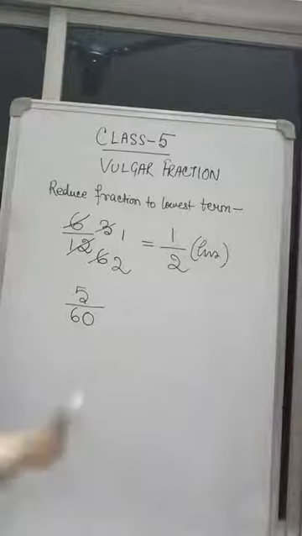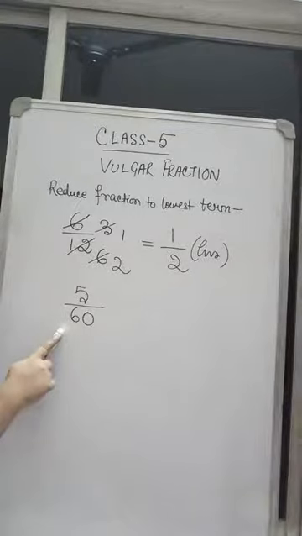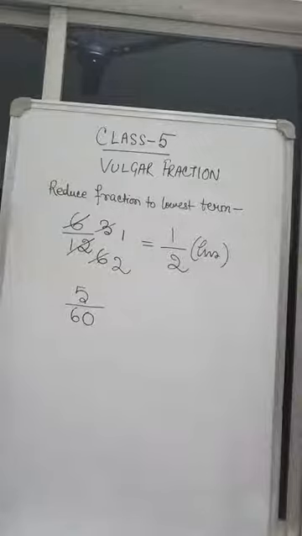Now see, 60 is an even number. You all know that even numbers can be divided with 2. But can 5 be divided with 2? No, because 5 is an odd number and it cannot be divided with 2. So think about another number which can divide both 5 and 60. So we will divide with 5.